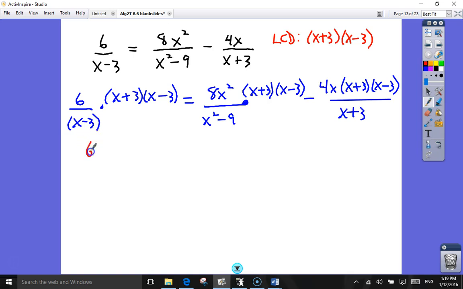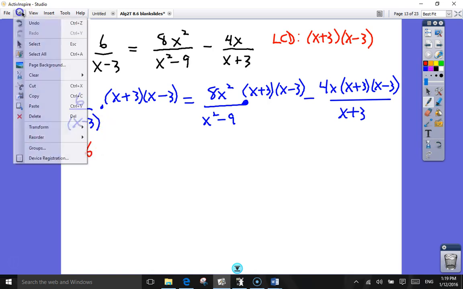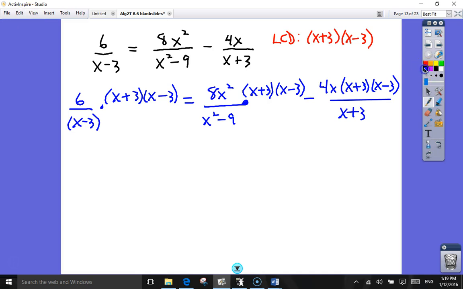So we have 6 times x plus 3 equals, okay, cancel, cancel, cancel, cancel, cancel, cancel, equals 8x squared and minus 4x times x minus 3.